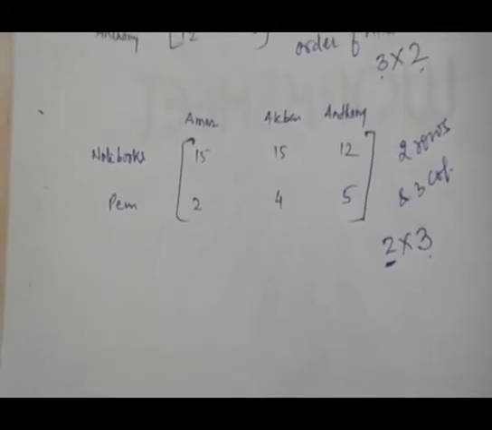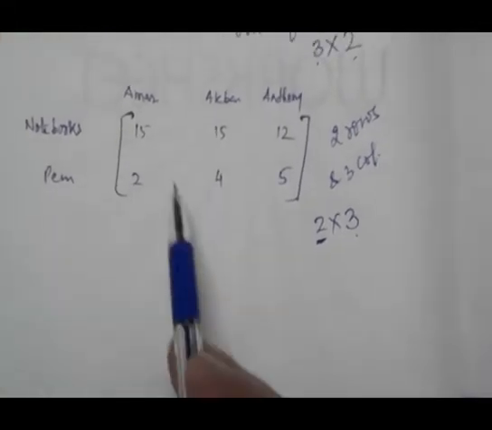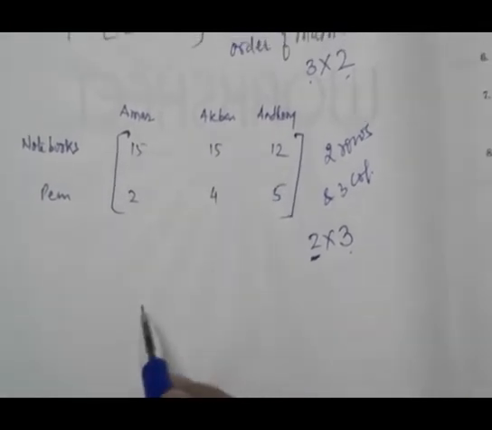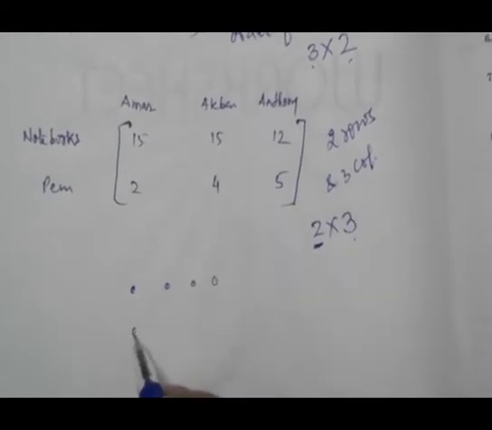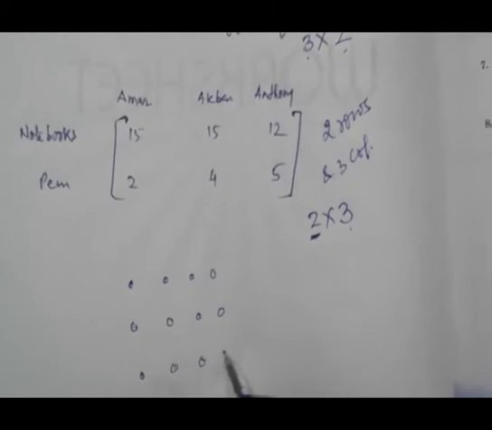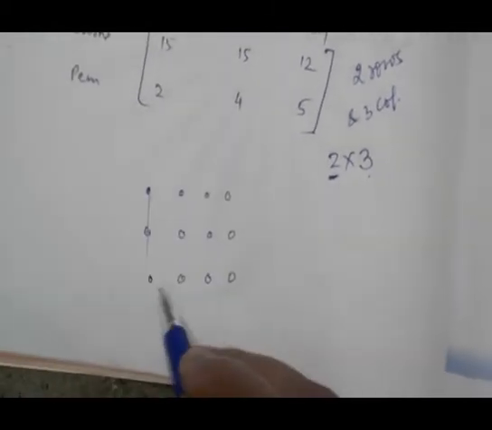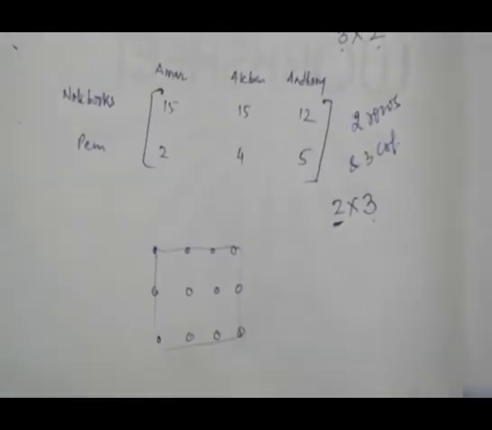Now you may ask, what is an array? Array means rectangular arrangement. Here you see, I have written this one. This representation is called a rectangular array.